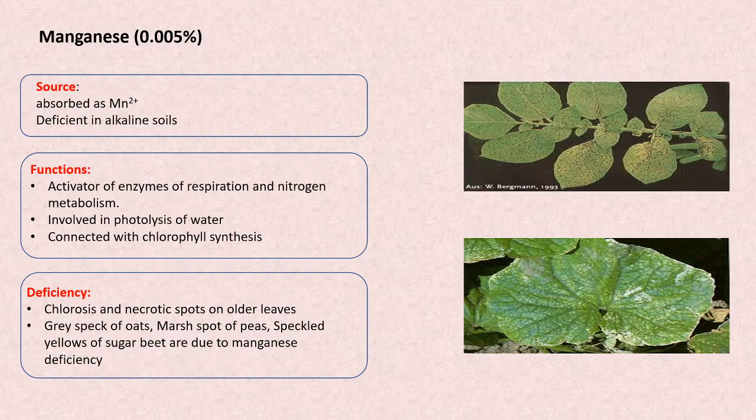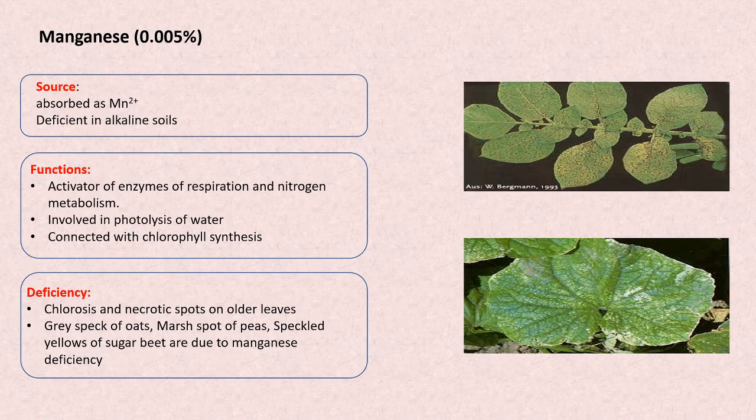And what are the functions of manganese? It is an activator of enzymes of respiration and nitrogen metabolism. For example, malic dehydrogenase, an enzyme of the Krebs cycle, requires manganese as an activator. It is also involved in the photosynthetic splitting of water, that is photolysis of water.